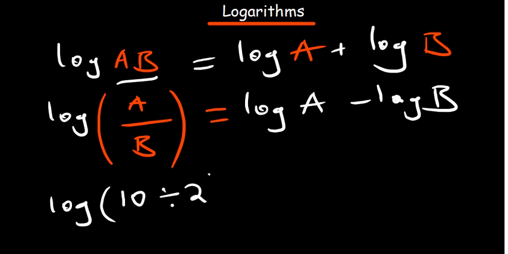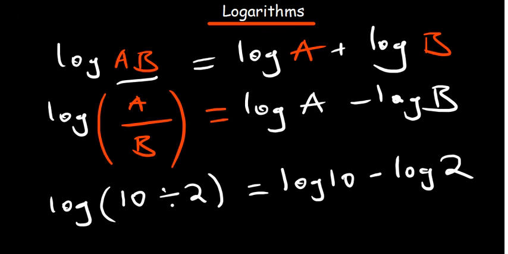This is going to be equal to log 10 minus log 2. So if you go to your calculator, we know 10 divided by 2 is 5, so log of 5 is equal to log 10 minus log 2.